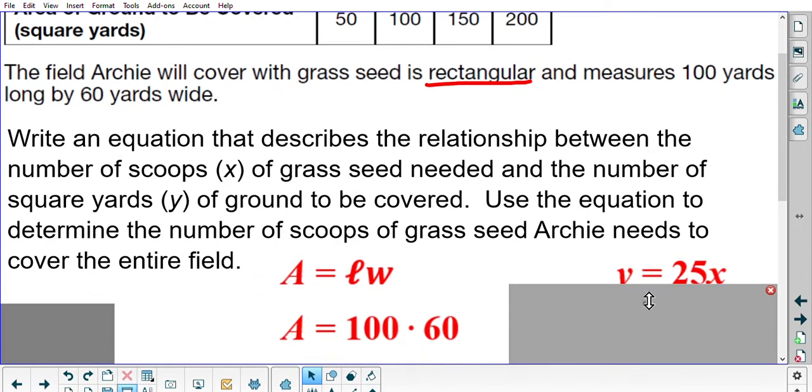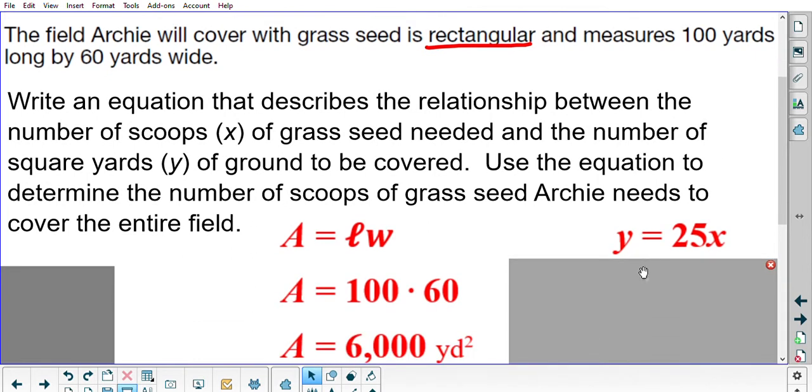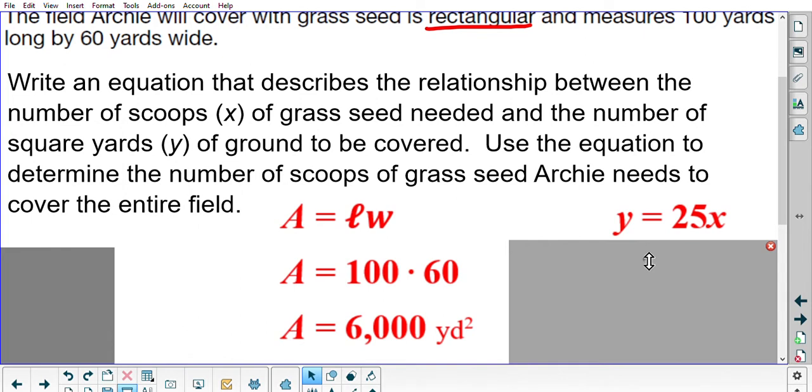So I need to have 25 times the number of scoops, which we called X, and that's going to equal the square yards that need to be covered. And now that I have that equation, by the way, that's the first thing I would arguably circle, because that's one of the things the directions asked me to do.